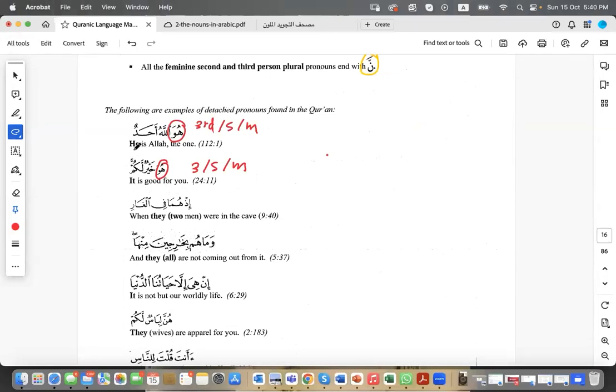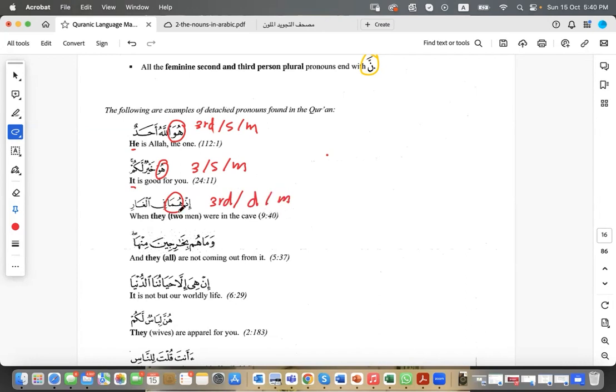Now, the reason for this change in the translation is that we don't have "it" in Arabic. It doesn't have a gender, and we don't have any noun in Arabic that does not have a gender. So the gender has to be clear in nouns. طيب, إذ هما في الغار. هما is third person, dual, masculine.